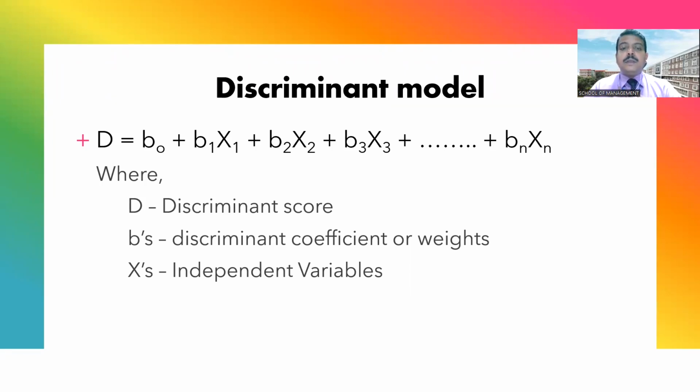So it could be anything. Say, for example, the bank example, the example I gave was a bank manager who wants to predict a list of customers, and he wanted to classify them into probable defaulters and non-defaulters.